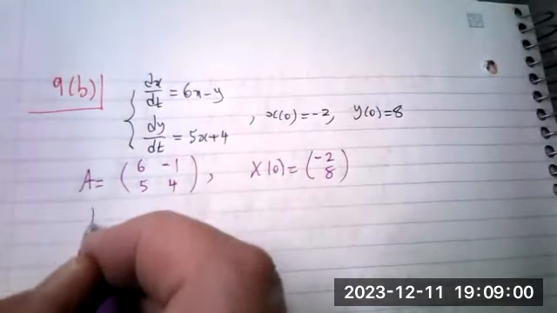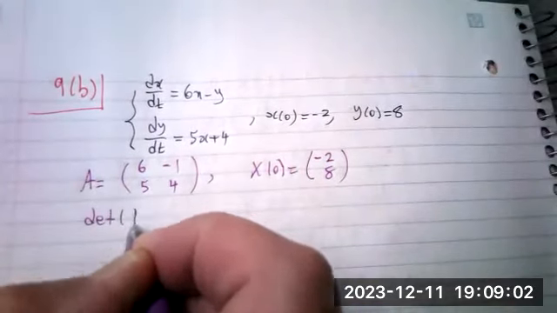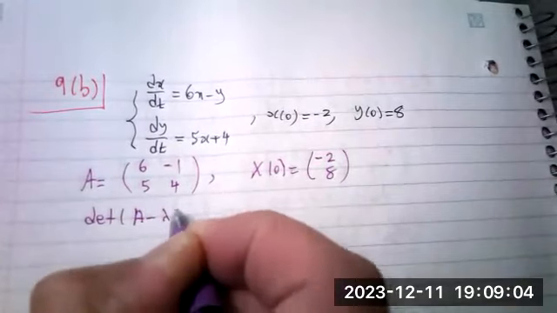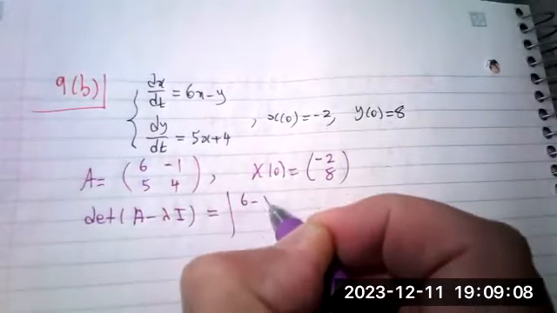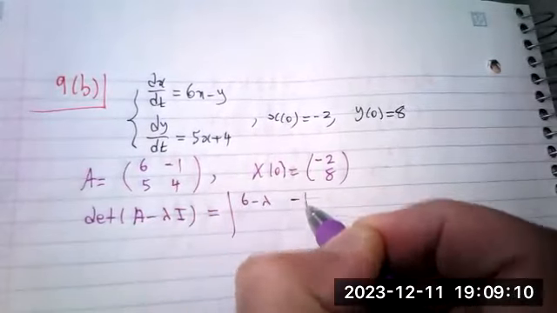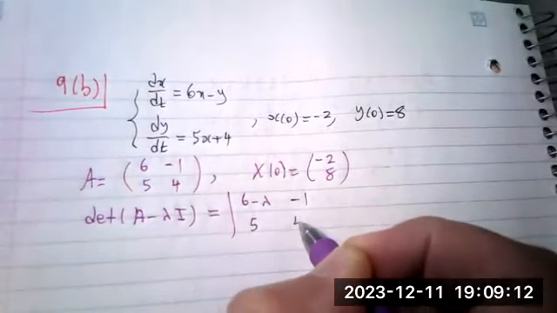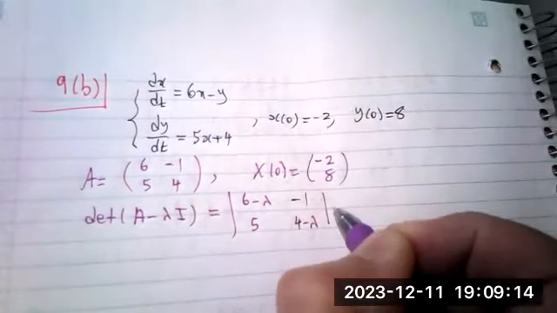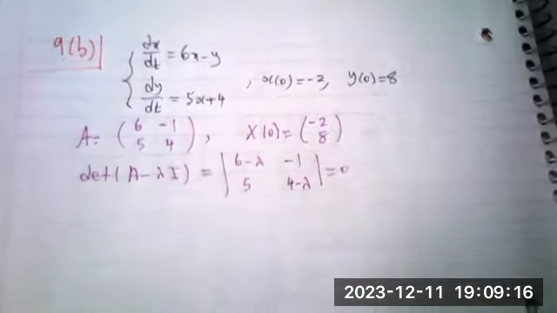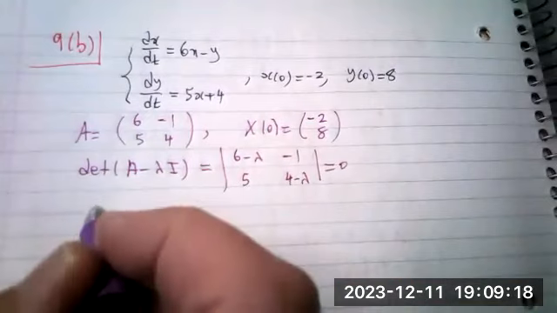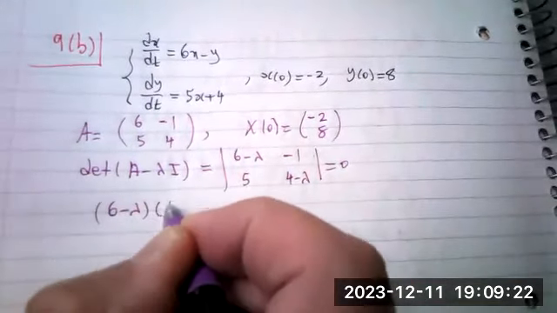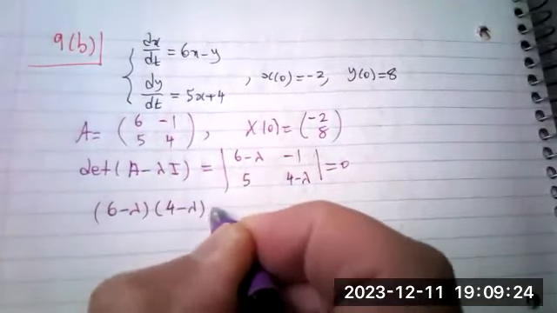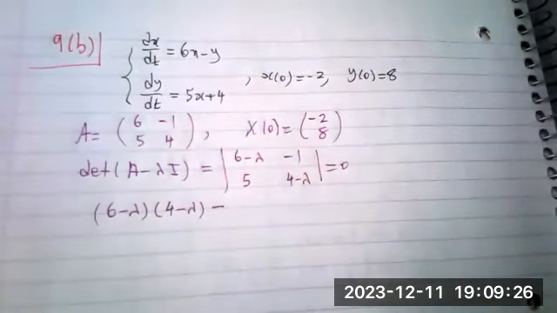So we have to find the determinant of A minus lambda I, which is going to be equal to the determinant of [6 minus lambda, -1; 5, 4 minus lambda] equal to 0. Okay, cross multiply: 6 minus lambda times 4 minus lambda minus (-5).